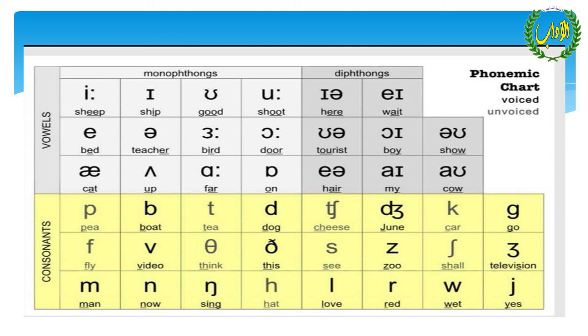It's a combination of two vowels. Start with I and then e. You see, this is the difference. And the last two diphthongs are o and ow. O, no, show, and ow, cow.